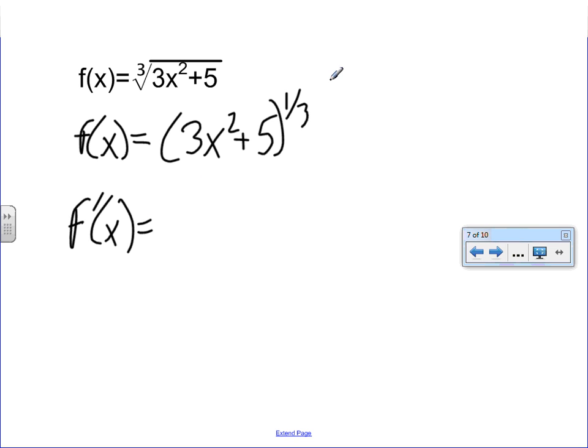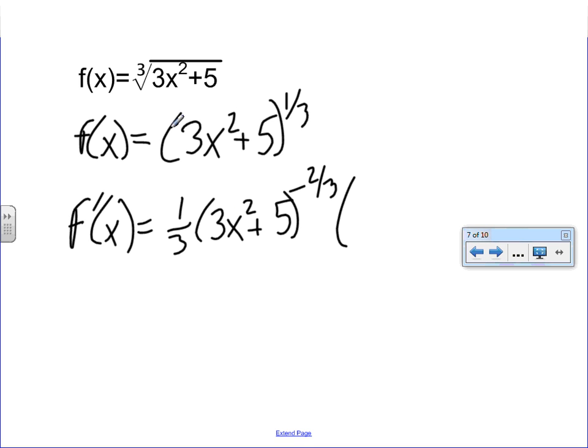The derivative of something to the 1/3 is 1/3 times that same something to the power of 1/3 minus 1, which is negative 2/3. So 1/3 something to the negative 2/3 times the derivative of that something. The derivative of 3x squared plus 5 is 6x.